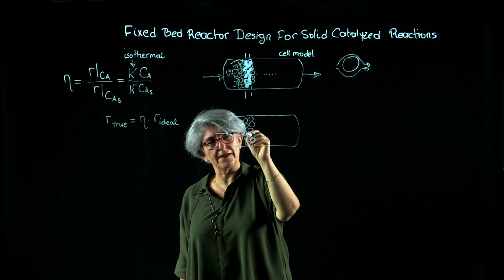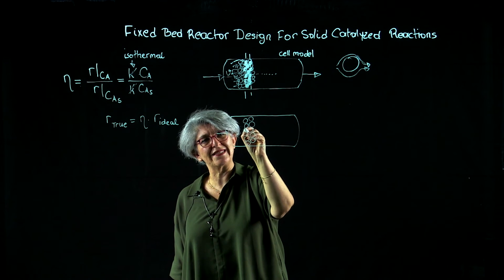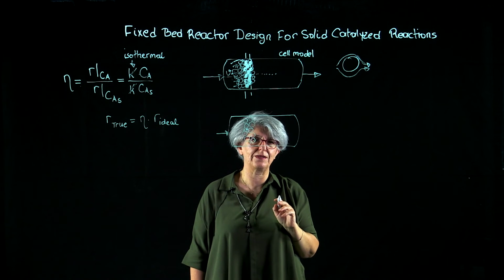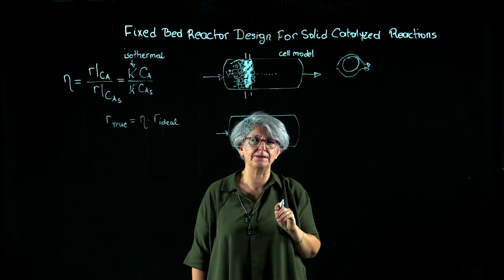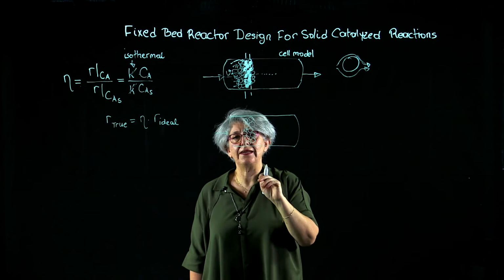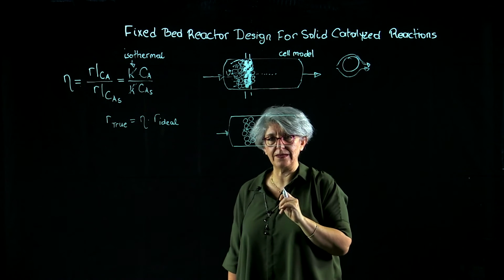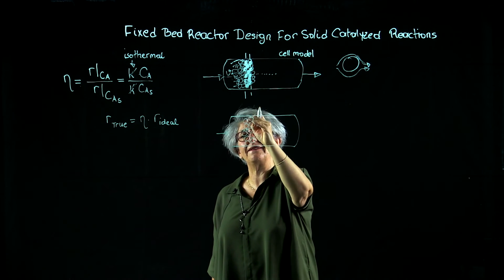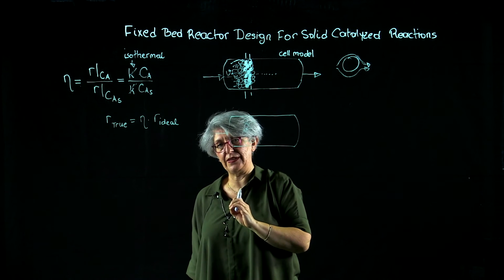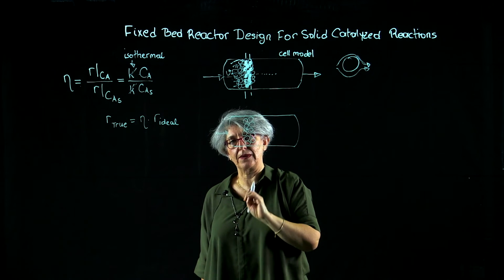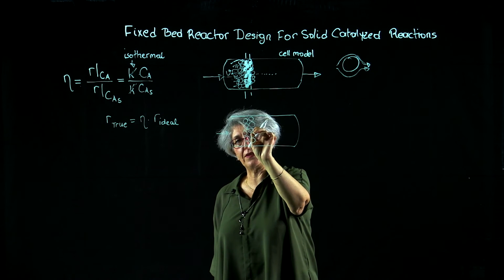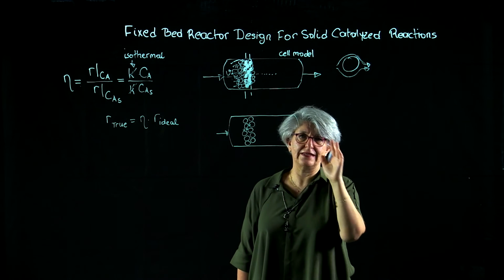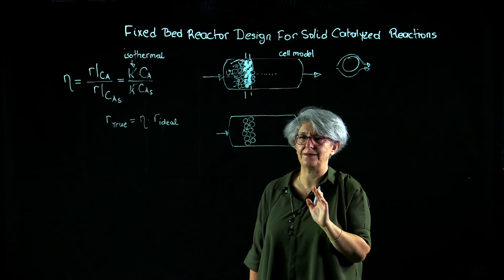Now, if those domains are interacting with one another, we have to take that into consideration, right? The interaction between the domains is possible when we have partial conversion in each cell. That unconverted material travels to the next cell and conversion takes place in the next cell.